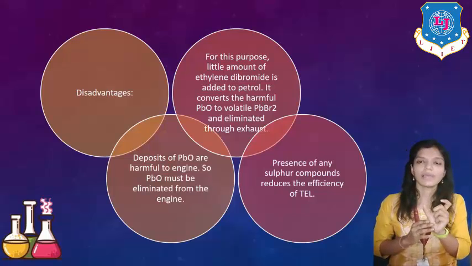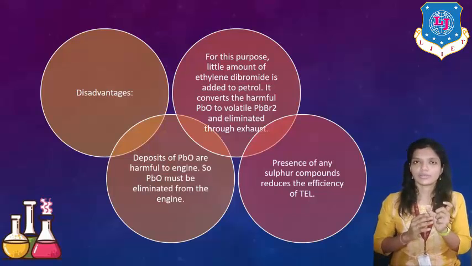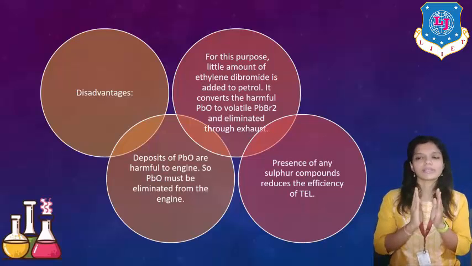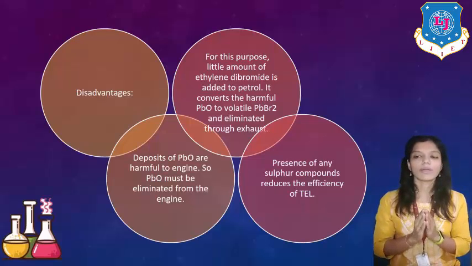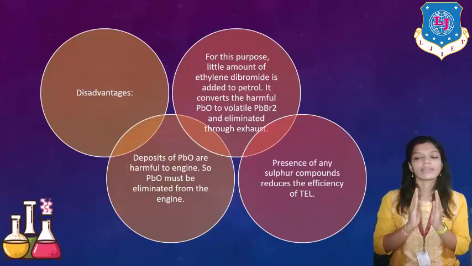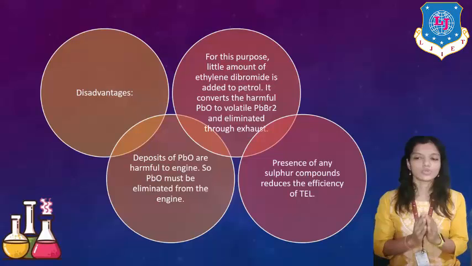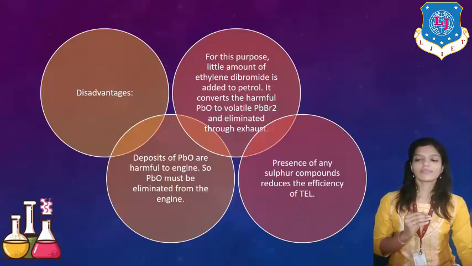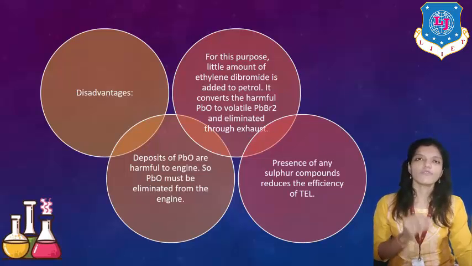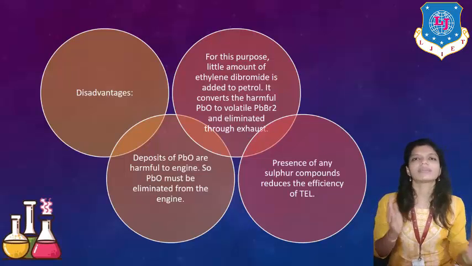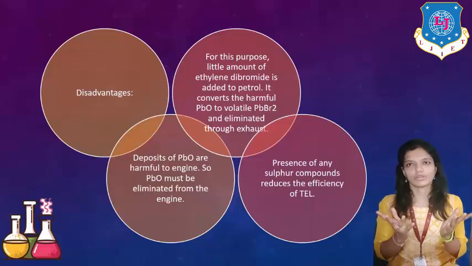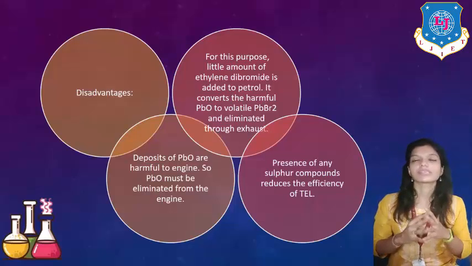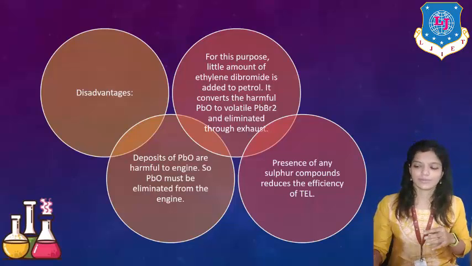So PbO must be eliminated from the engine, and for this purpose a little amount of ethylene dibromide is added to petrol, which converts the harmful PbO to volatile PbBr2 that is eliminated through the exhaust. The presence of any sulfur compounds reduces the efficiency of TEL, so it doesn't matter whether you add TEL or not. This is the biggest disadvantage.